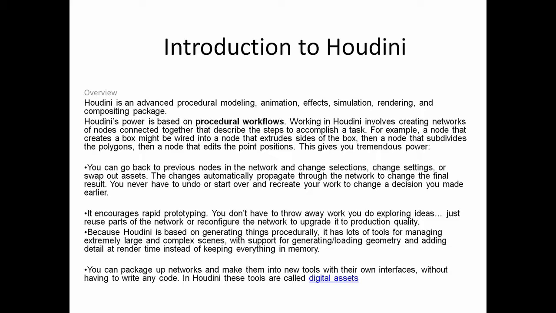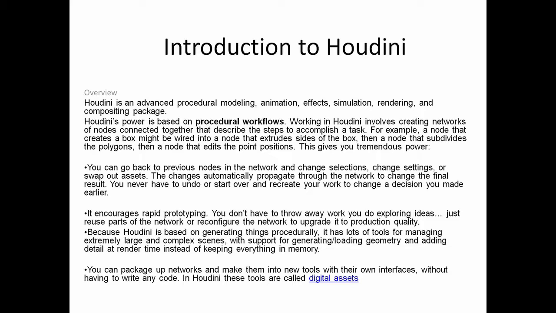Geometry objects are subnetworks that contain geometry nodes that define the object's geometry. This two-level design is different from other packages such as Maya and 3ds Max, where all nodes are in one level.